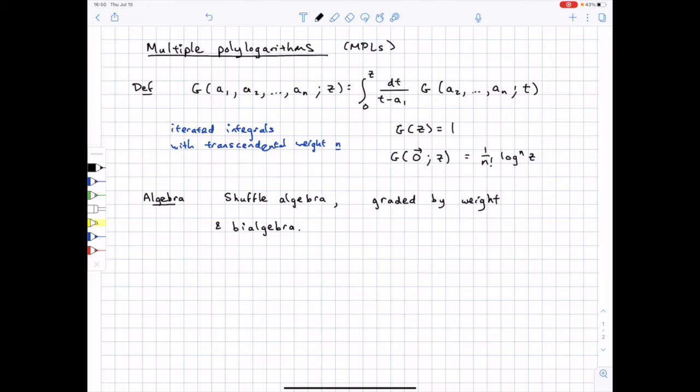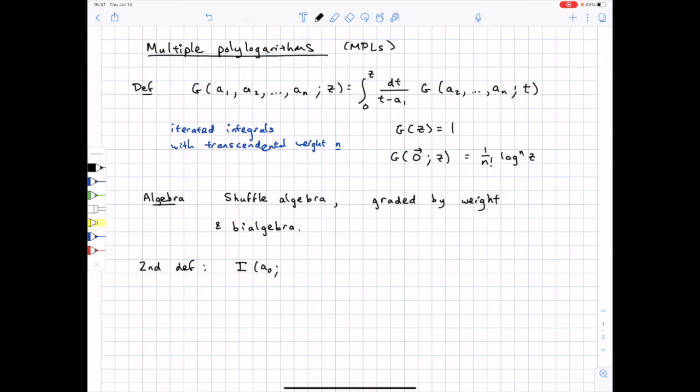But to do that, I will now give a second definition, which I'm not sure you will have seen from the other lectures, which is to relax the value of the lower integration endpoint. So instead of integrating from 0 every time, we now integrate from any arbitrary a0.